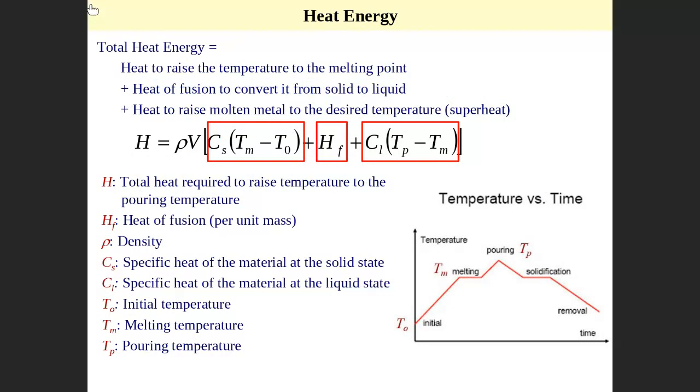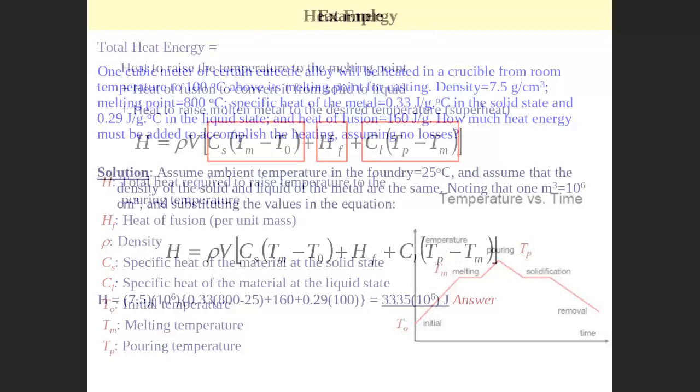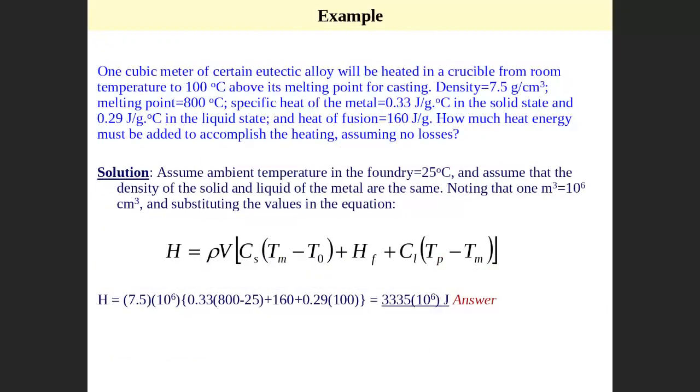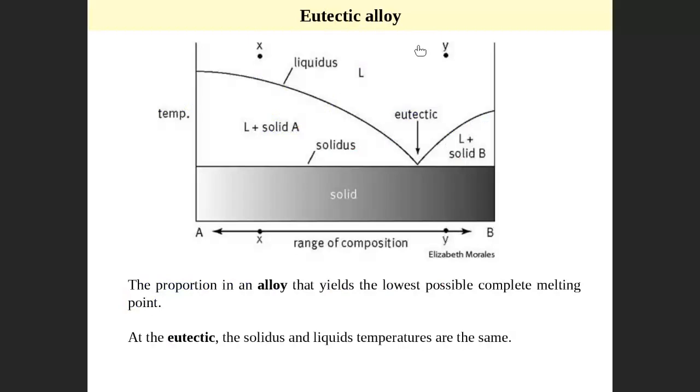The material will be melted totally, changing from solid to liquid, at constant temperature. This could happen to a pure material like iron, copper, aluminium, and so on, and also a eutectic alloy.